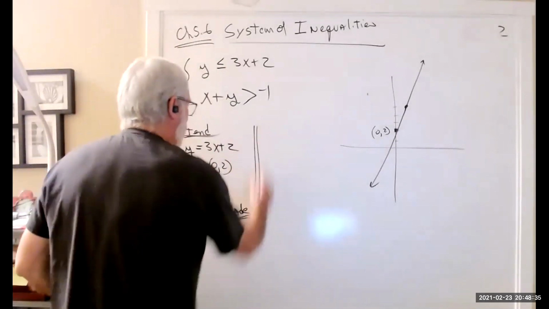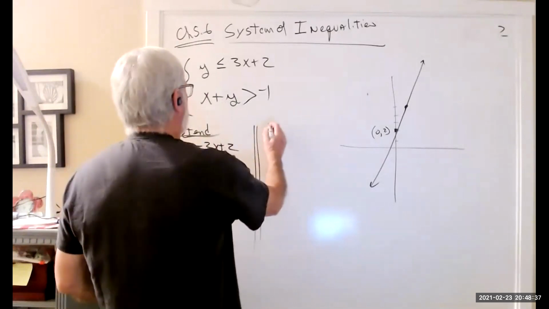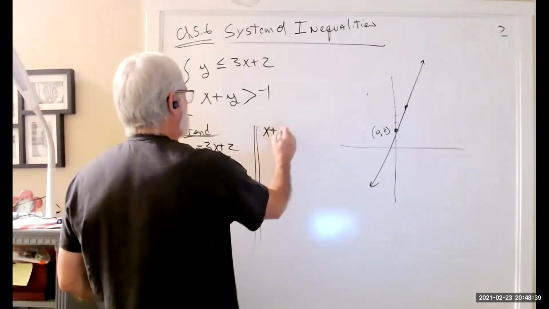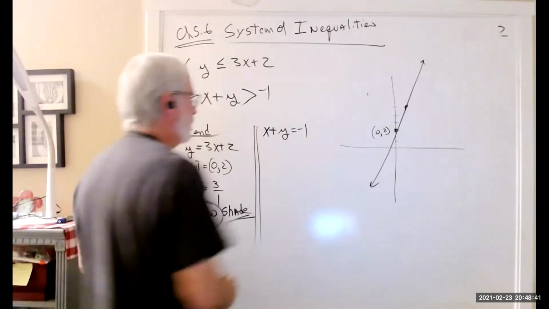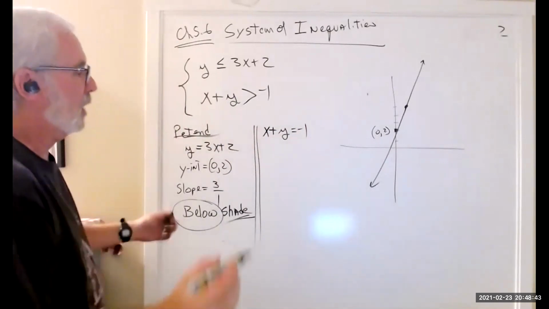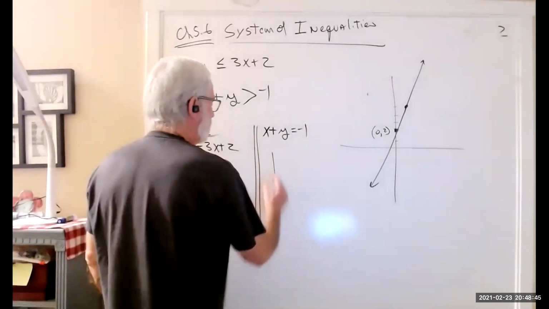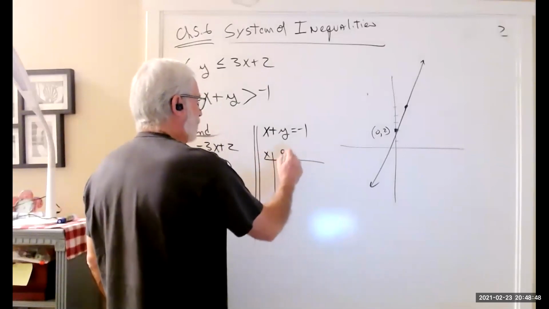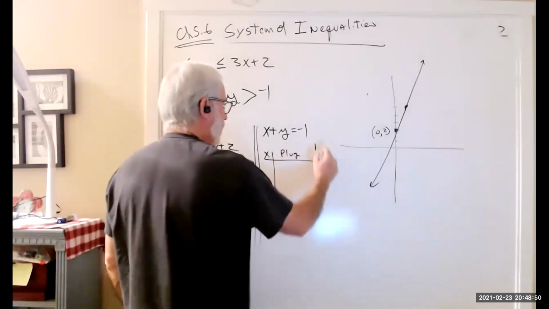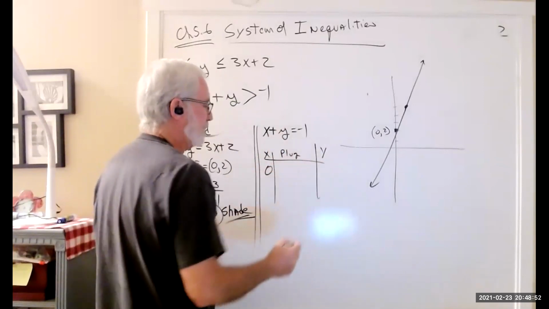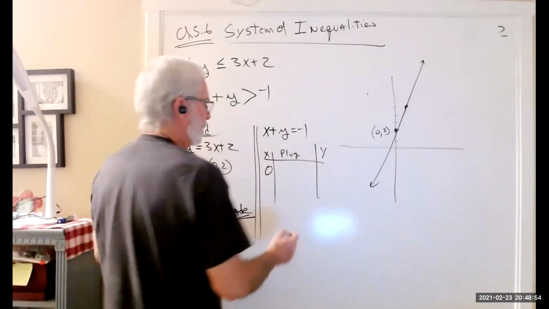Now we go to the other line where we pretend it's x plus y equals -1. This one I'm going to use a table. X, plug it in, y. Trust me, I've got my eye on the clock.